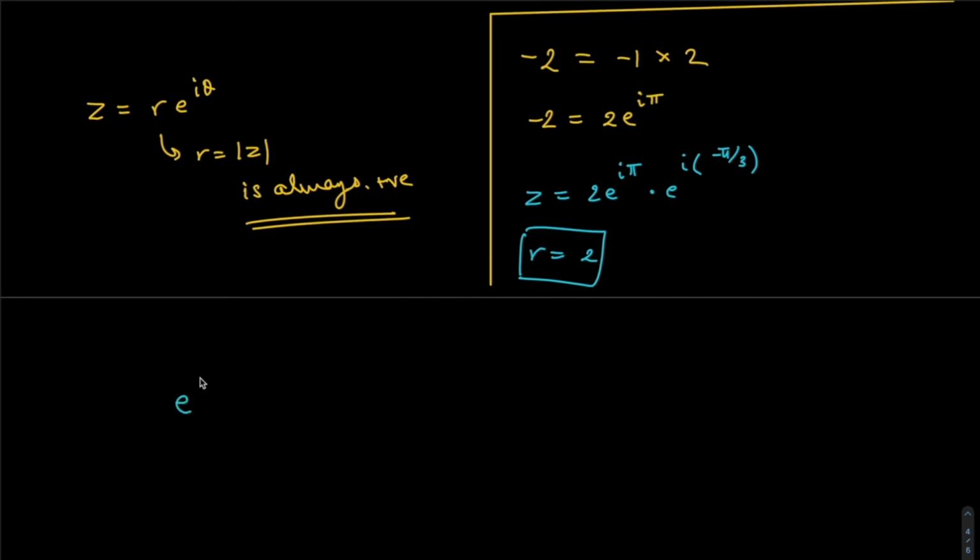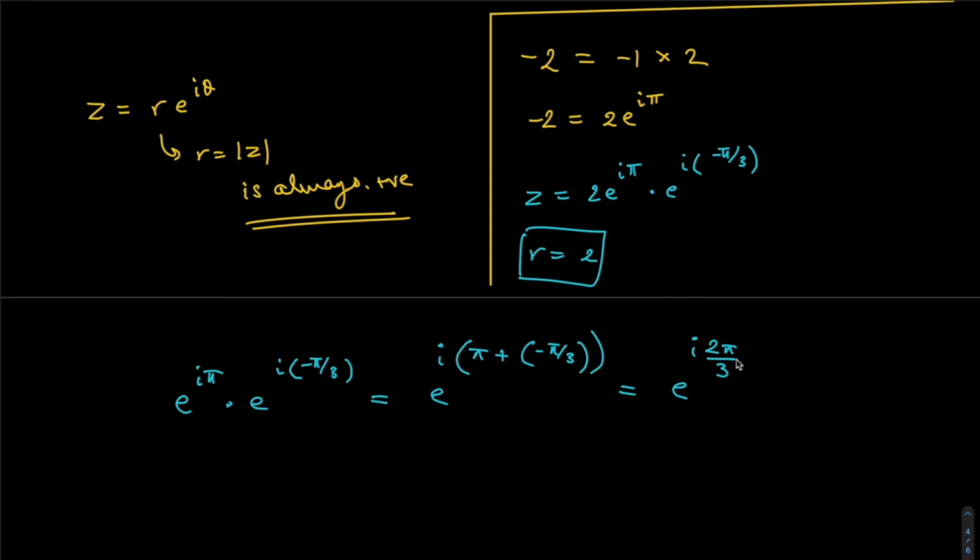So we're going to have e raised to the power i pi times e raised to the power i into minus pi by 3 is equal to e raised to the power i times (pi plus minus pi by 3). Technically it's pi plus minus pi by 3, and this is going to give us pi minus pi by 3, which is e raised to the power i 2 pi by 3. That's what it is, right?